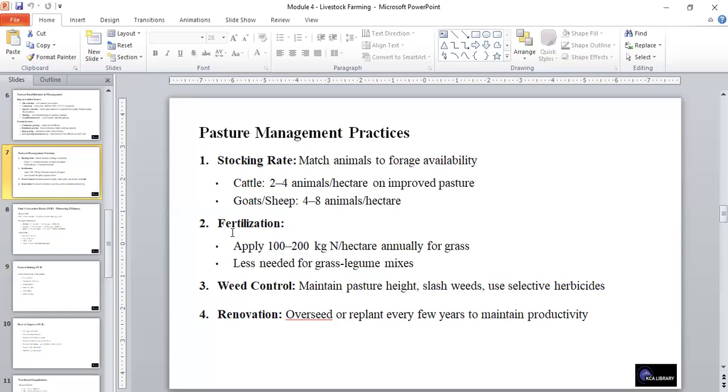Weed control: maintain pasture height and use selective herbicide. Then also renovation: overseed or replant every few years to maintain productivity.